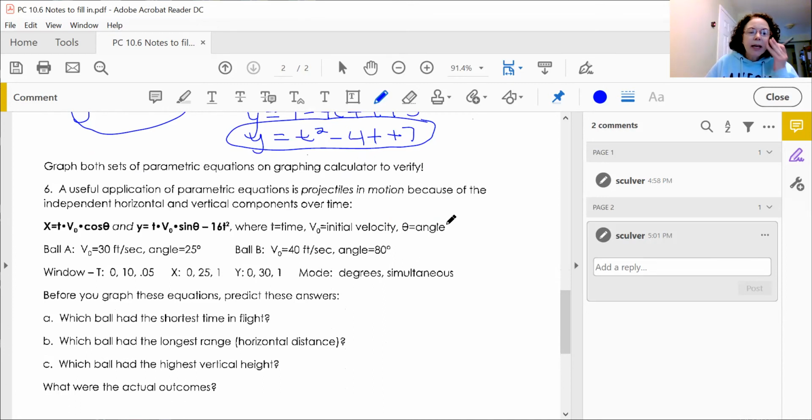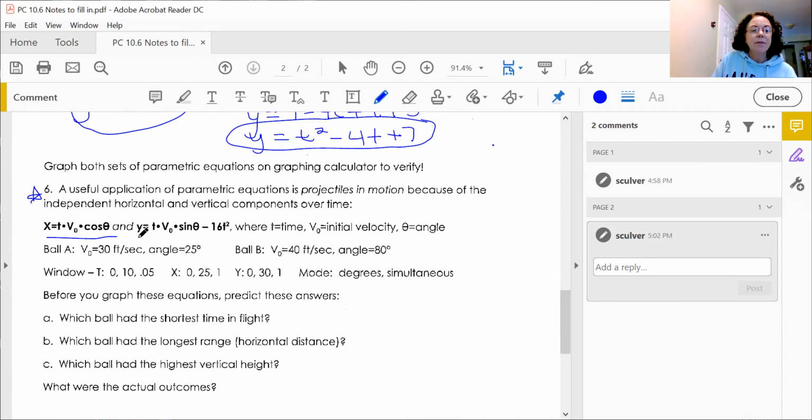A useful application of parametric equations is projectiles in motion because of the independent horizontal and vertical components over time, right? So here's where we are now. So when you have a projectile in flight, you can tell its horizontal position if you take the time, multiply it by the initial velocity and cosine of the angle from the horizontal.